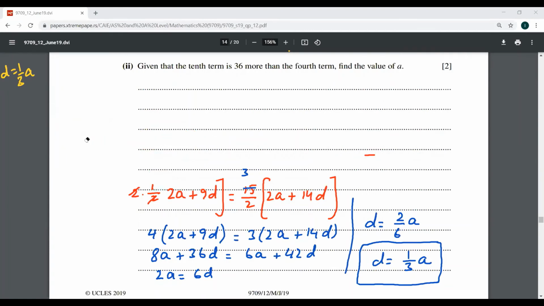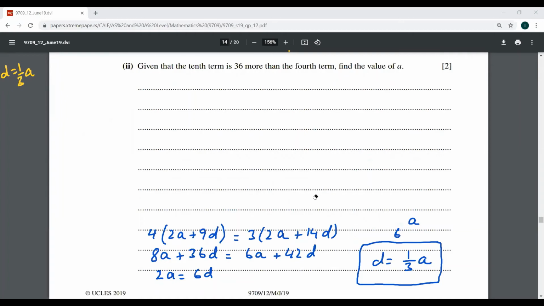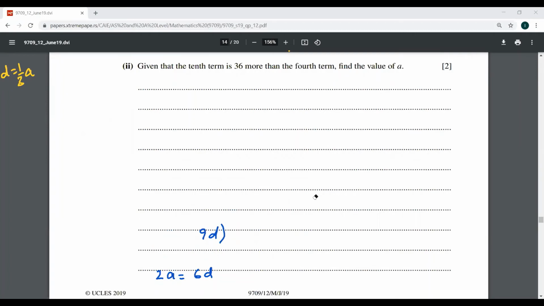So we have been given, okay. So it says given the 10th term is 36 more than the 4th term. So can I say, oh, let me use a different color.